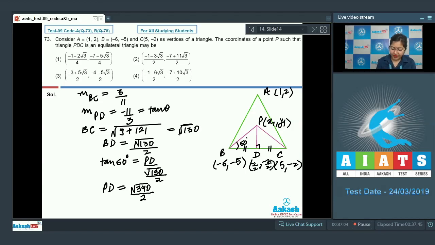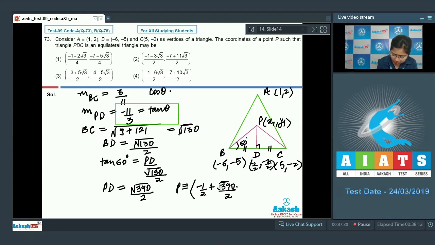Now we can find the coordinates of P as the coordinate of D, that is minus 1 by 2, plus r, that is the distance PD, that is root 390 upon 2, into cos theta. We have the value of tan theta from here. So from here we find the value of cos theta and sin theta.